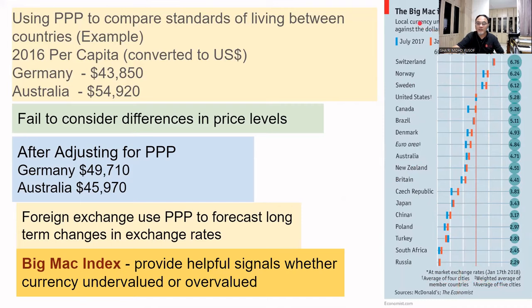So this is the Big Mac Index: whether the local currency is undervalued or overvalued against the US dollar, or stronger in that matter. So this is using PPP to understand the market.